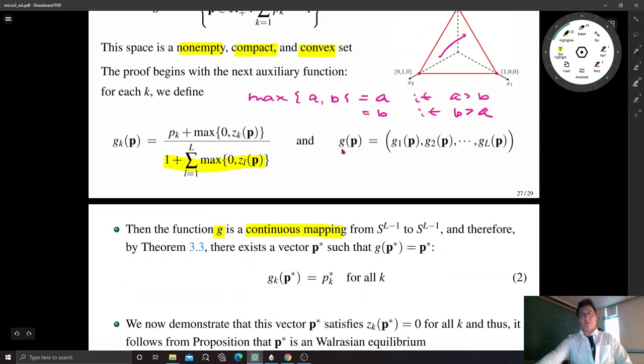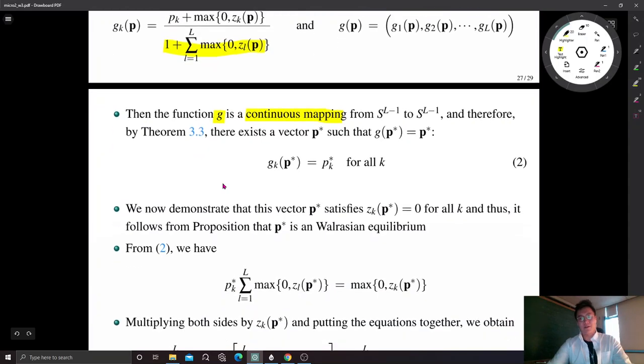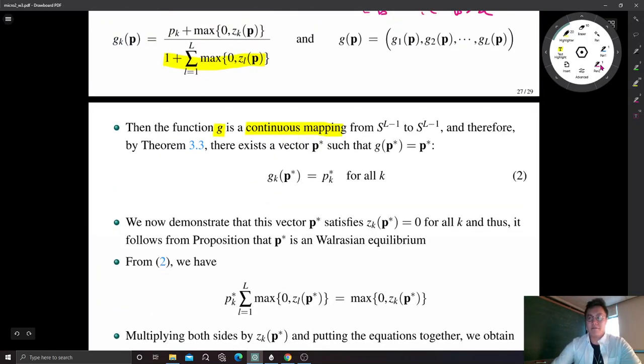Likewise, g sub k is between 0 and 1, and the summation is equal to 1. So function g is a continuous mapping from the unit simplex to itself. So it satisfies all the assumptions in Brouwer's fixed point theorem. So we know that function g has a fixed point. Right? So there exists a p star such that g of p star is equal to p star.